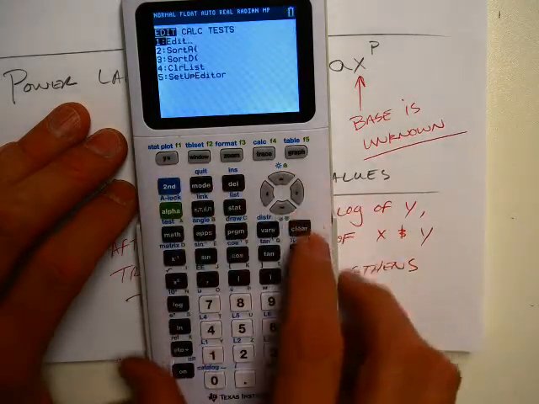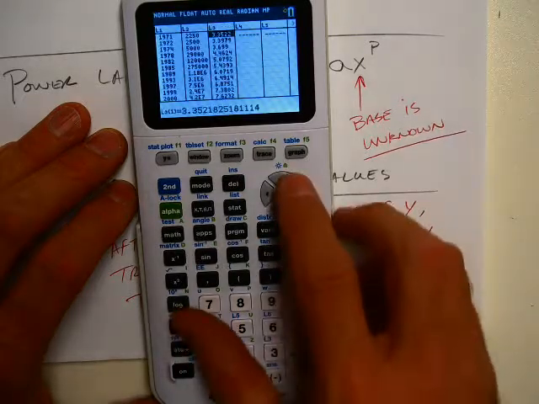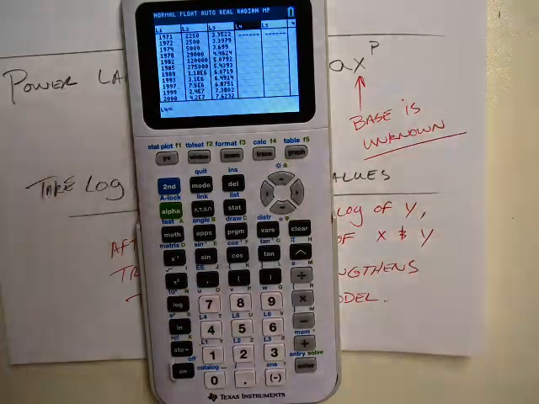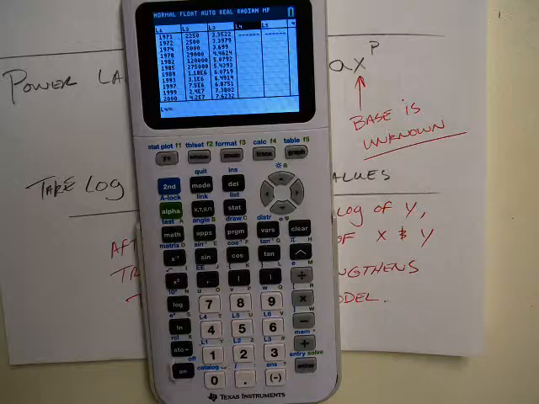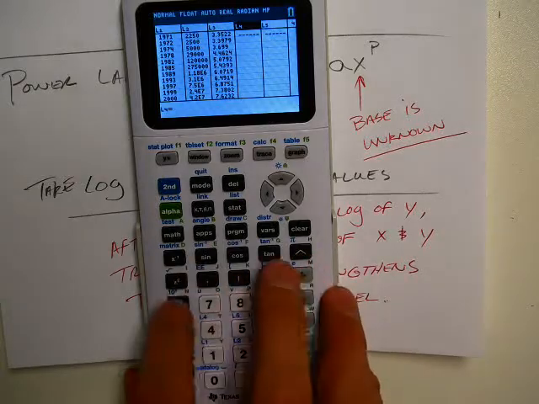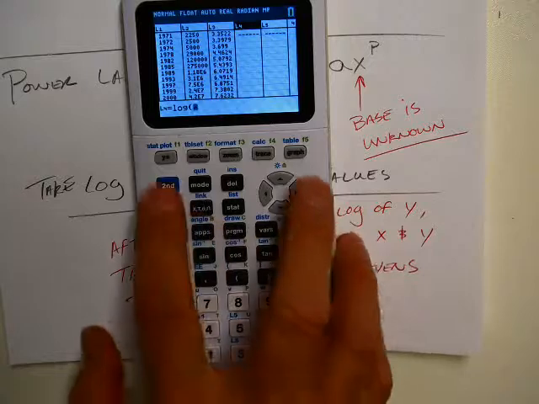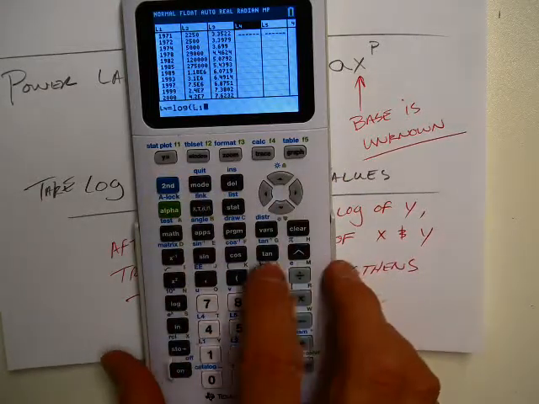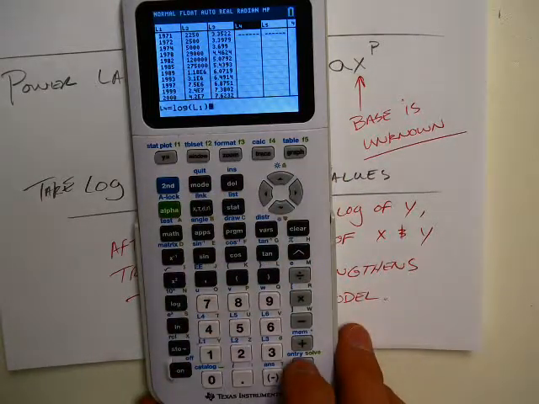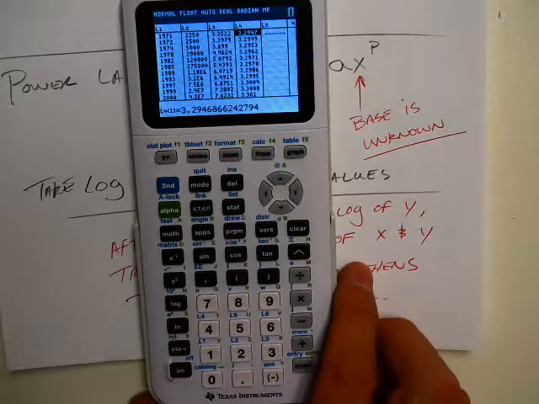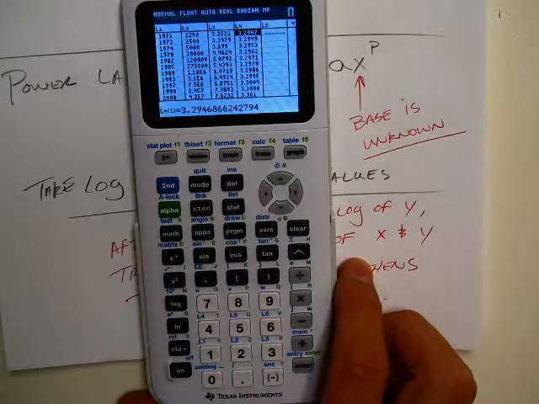So if I go into my edit, I'm going to go to L4. Now what I'm going to have to remember is that L3 is my y logs, and L4 will be my x logs. So I'm going to take the log of my x values, which are L1. So far so good.